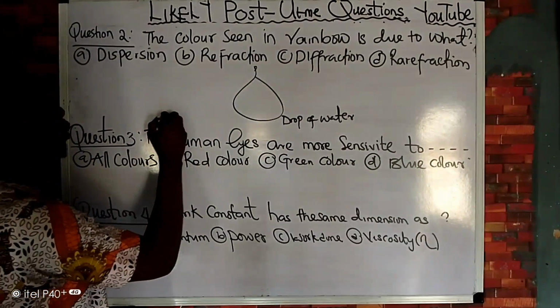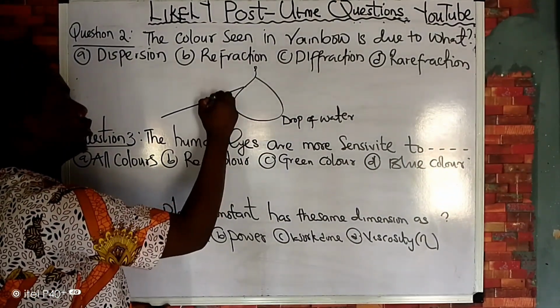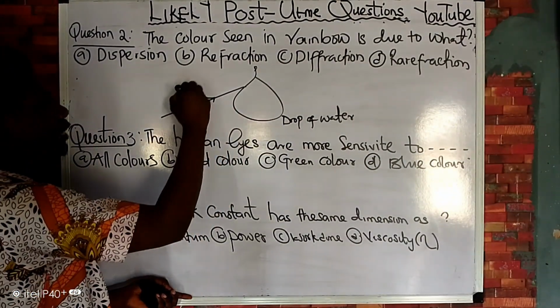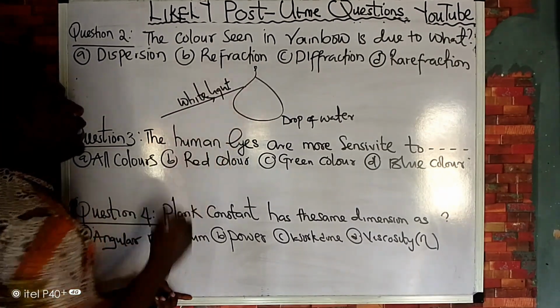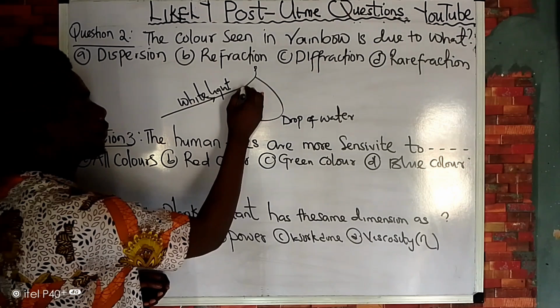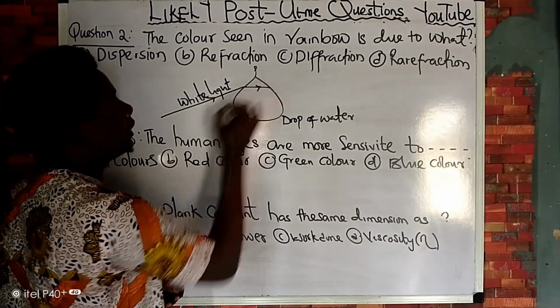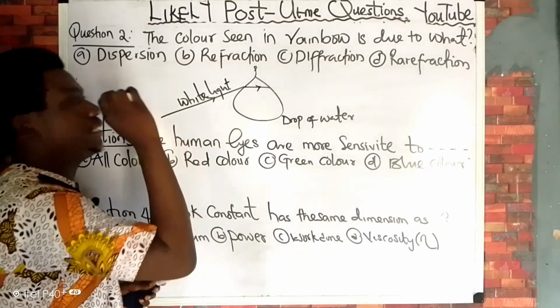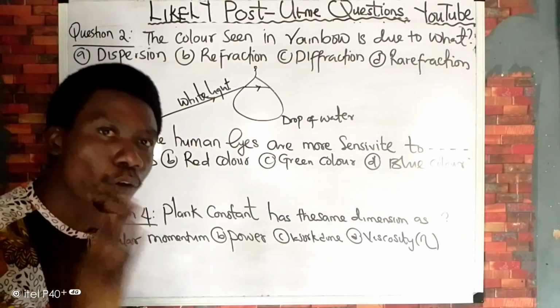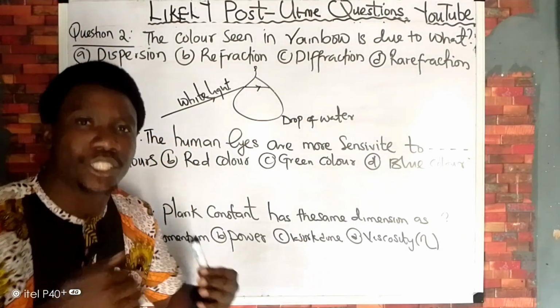Now, when light from the sun falls on this drop of water, this is light from the sun called white light. It must be noted. Now, what usually happens is that refraction will take place. This ray is called the refracted ray. And when that is done, because the white light is a combination of 7 colors, the colors will be separated.